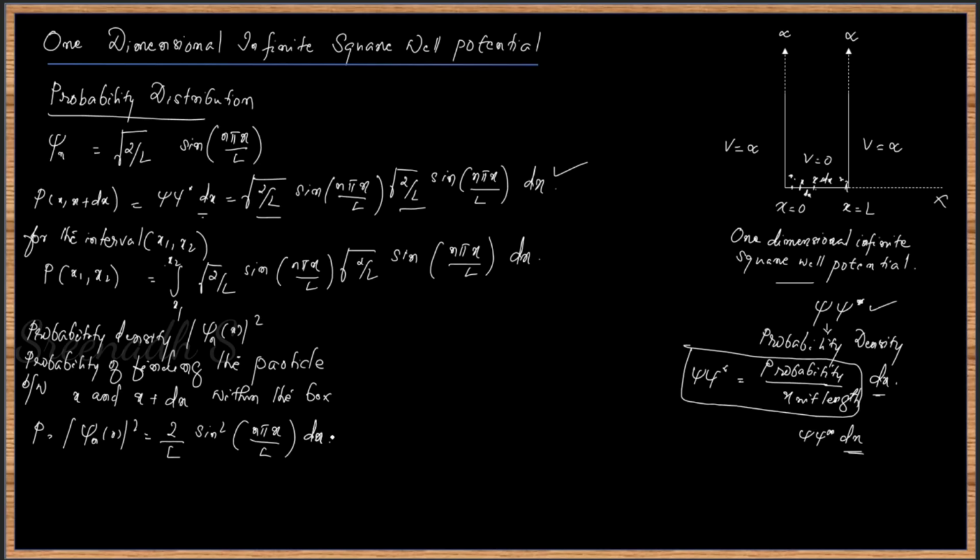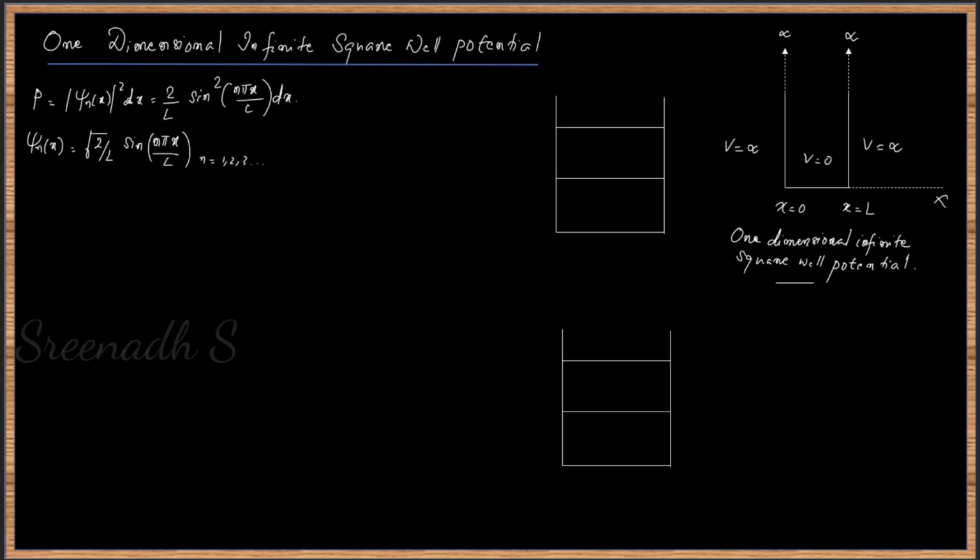Okay. Yes. So now we are going to draw two graphs to show the wave function of the first three energy levels, and then we draw a probability distribution for the first three energy levels. Now we are going to draw a graph based on the energy levels and the wave function.